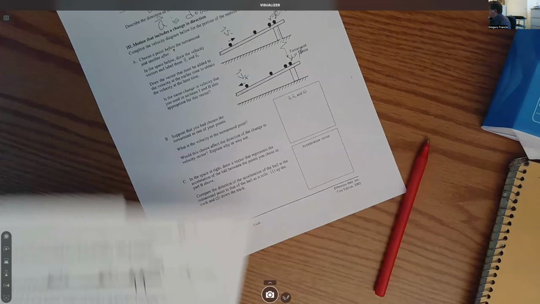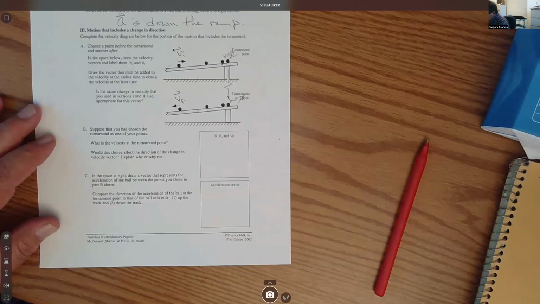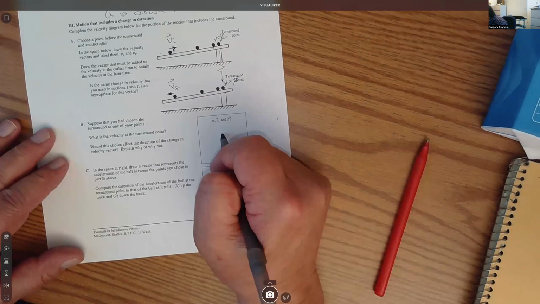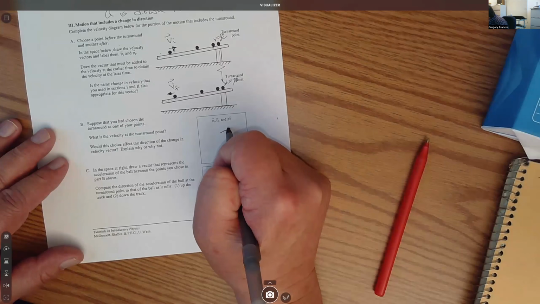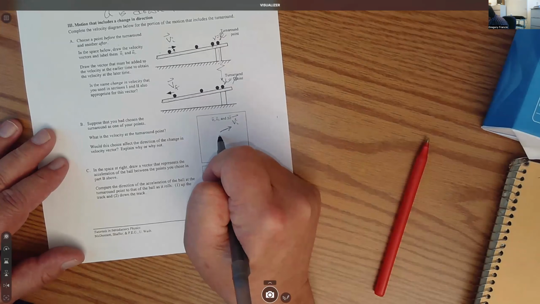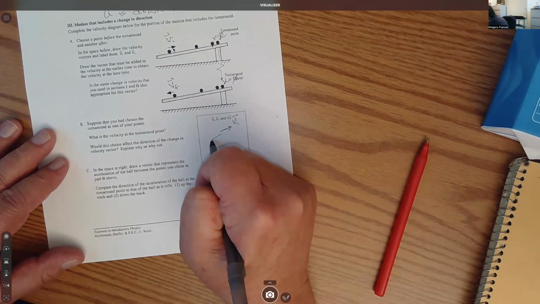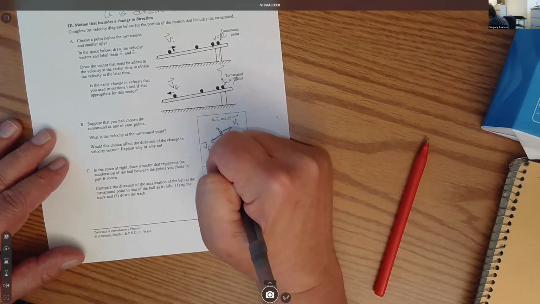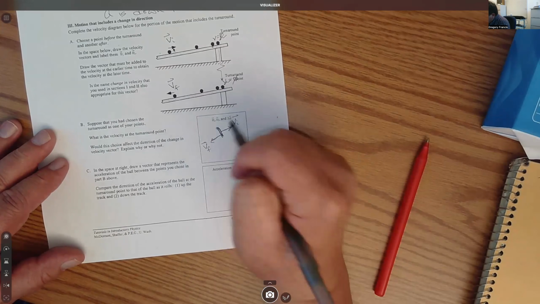And that's what we have to do here. The V initial is up the ramp, and the V final is down the ramp. And again, I put them tail to tail so that I can compare them.